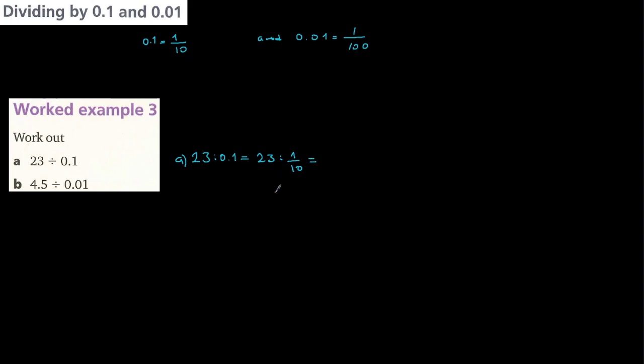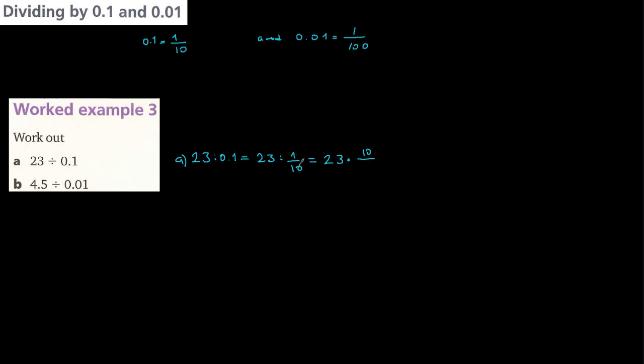Again, we need to remember that we are dividing by a fraction. So the method for the fraction is that we are going to multiply. We are going to write times here, then we are going to switch numerator to denominator, denominator to numerator.